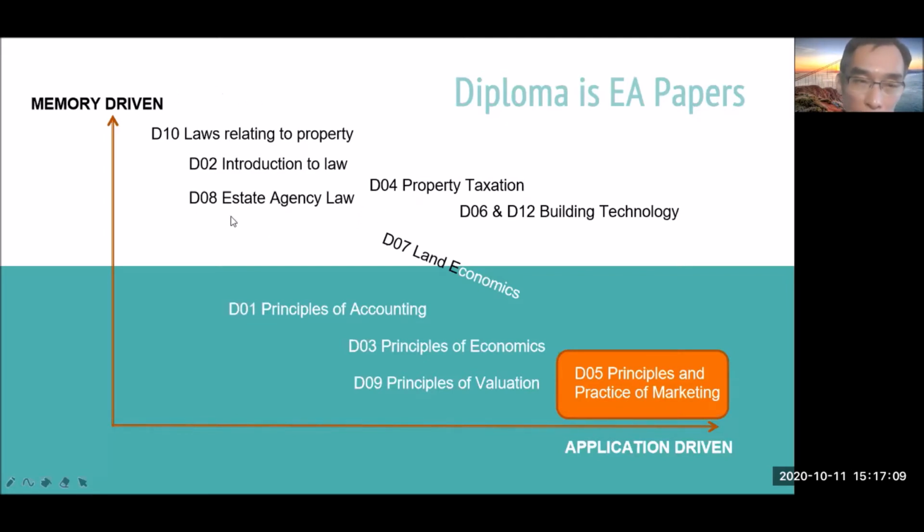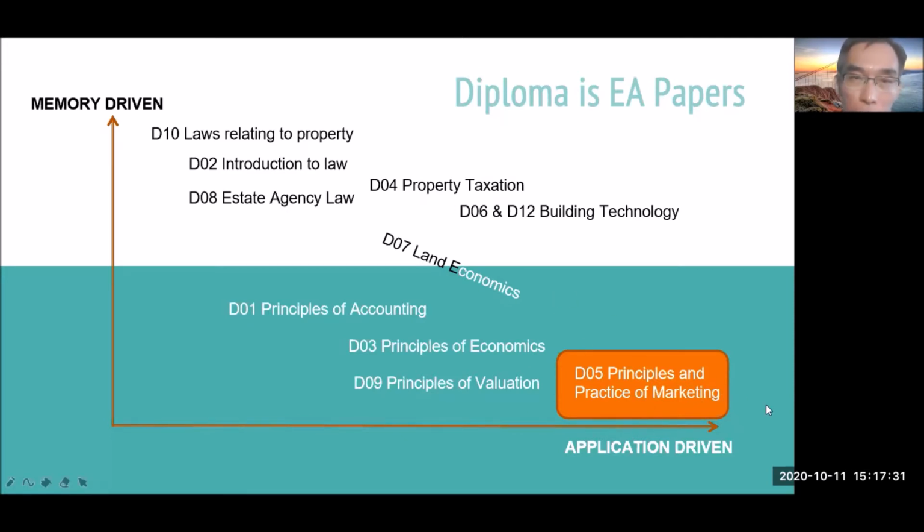It needs a lot of your grey matter. But then on the opposite side, the far end, which is application driven, they mean the paper that wants a candidate, a student, to write the application part, then this is the extreme other end. And indeed, principles and practice of marketing is like this.